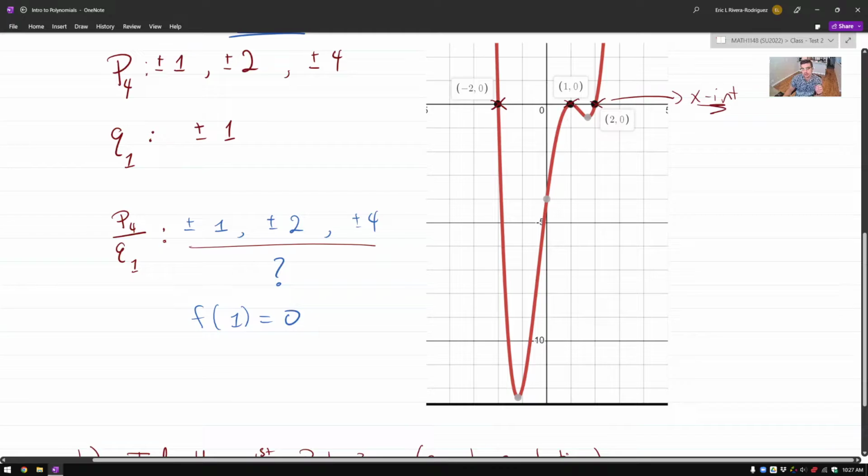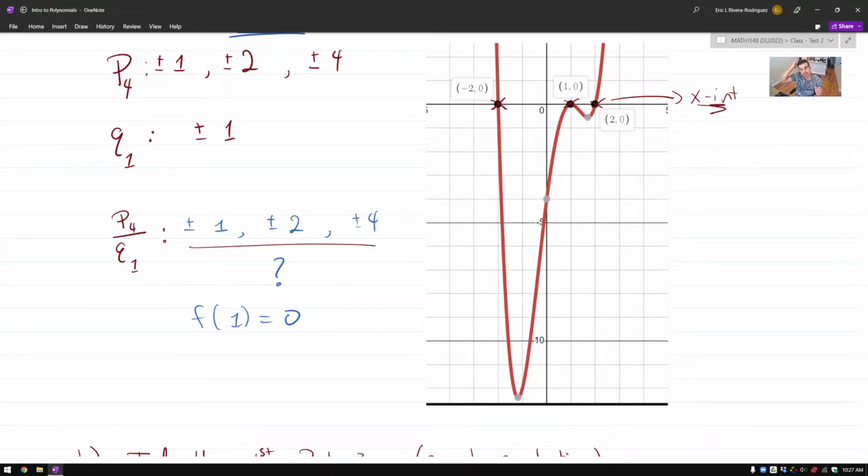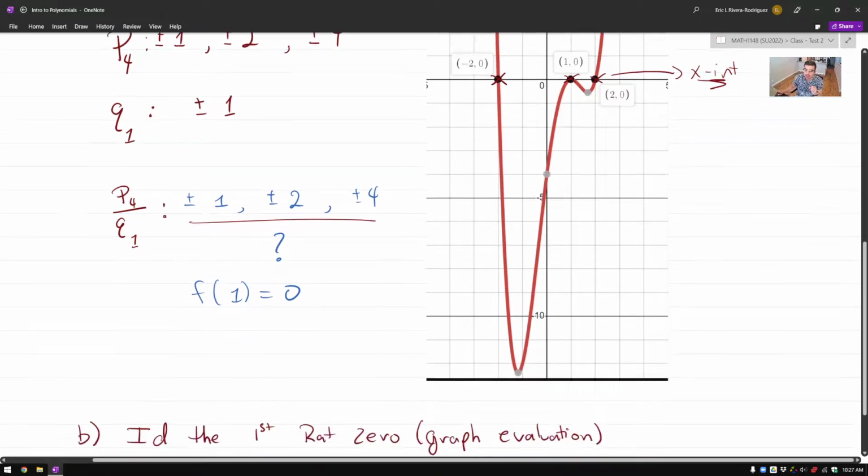We can also know the type of multiplicity, but not the actual value of the multiplicity, which is another thing we are going to talk about later. But the graph tells you that this polynomial has 3 x-intercepts. It means that it has 3 different rational zeros.